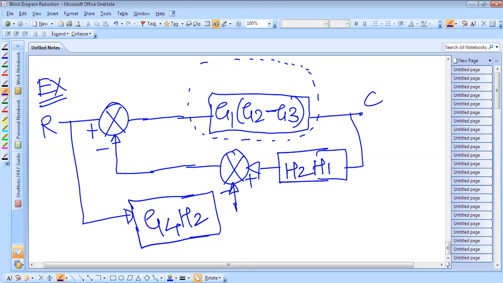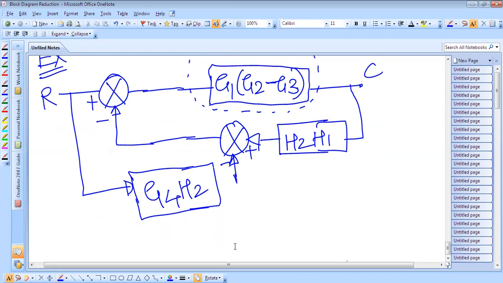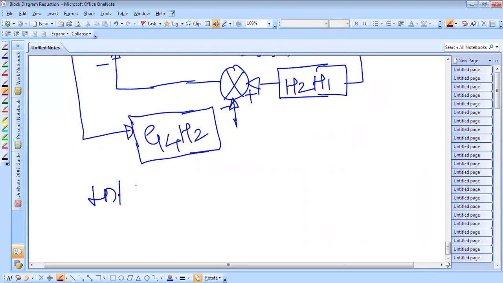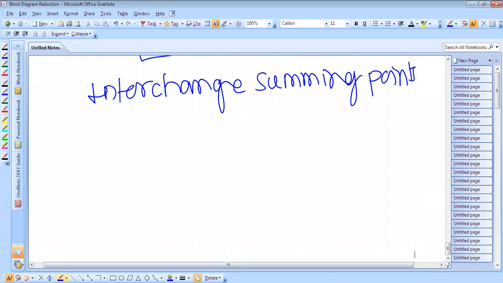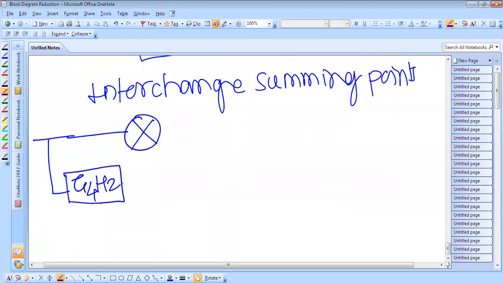If you interchange the summing points, your diagram will become G4 H2, and this is G1 G2.